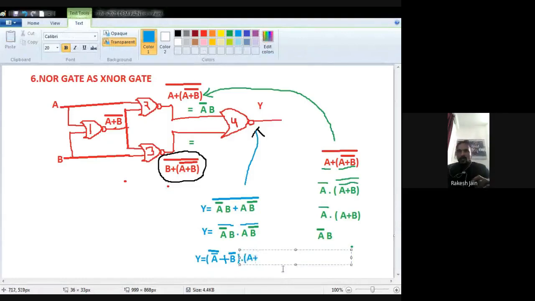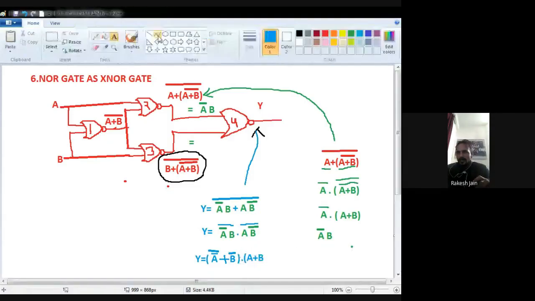Then there is a dot in between them, so just write down dot, and then write down the second thing, A and B bar. So first thing is A, then dot will be converted into a plus, and then B bar.